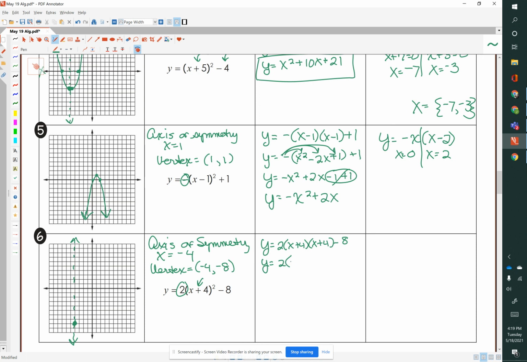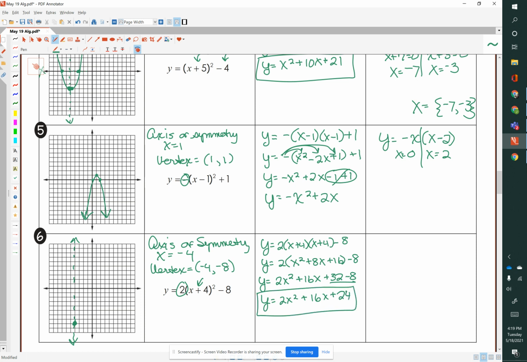So 2 times, that would be x squared plus 8x plus 16, minus 8. And let's distribute and combine like terms. y equals 2x squared plus 16x plus 32 minus 8, and then we'll combine at the end. y equals 2x squared plus 16x plus 24.